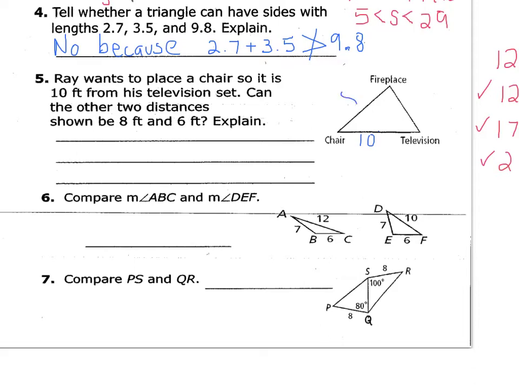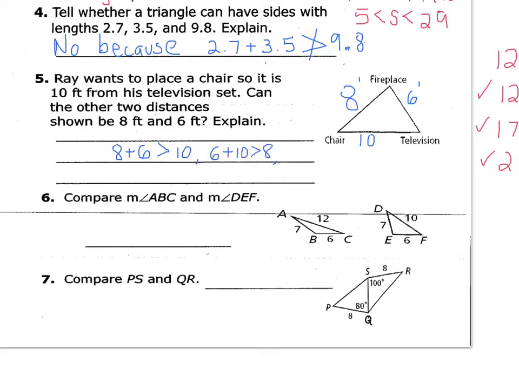So can you have a triangle formed with those three numbers? What am I supposed to show here to say that it is possible? The three combinations. Okay, give me one combination. 8 plus 6 is greater than 10. Is that greater than 10? Yes. 6 plus 10 is greater than 8.